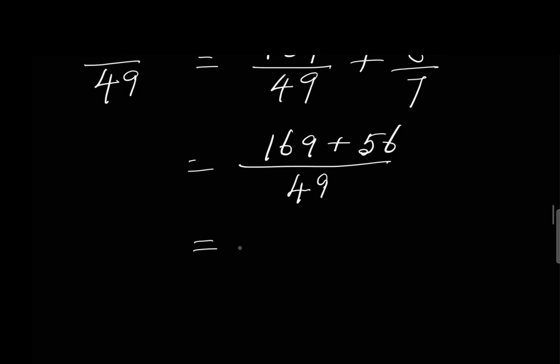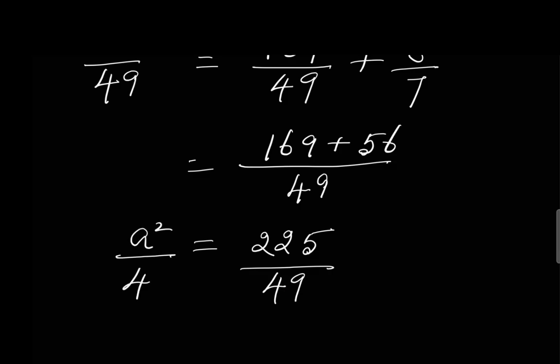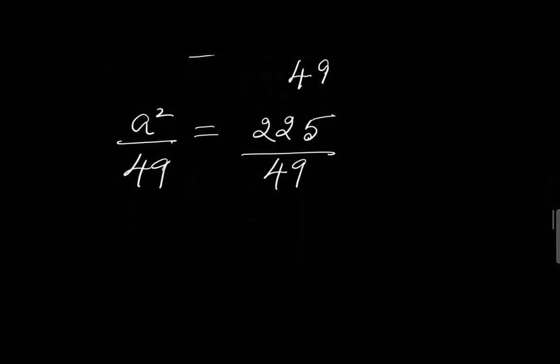So what you will get here? Add this: 15, carry over 1, 12, carry over 1, 225 divided by 49. Left side is a squared by 49. See, denominators are the same, so just cancel this. a squared equal to 225.